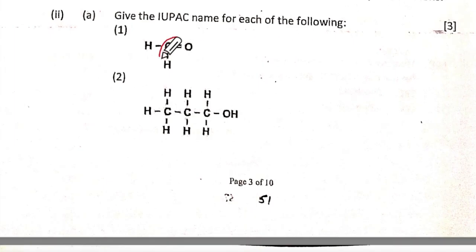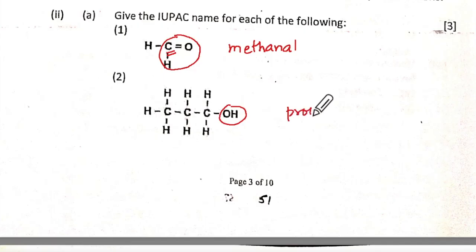IUPAC names. What is this? Aldehyde, correct? One carbon means meth, so it is methanal. They will sometimes ask you to state its functional group: aldehydic group. What is this? Alcohol. Propanol, 1, 2, 3. You all forgot the OH is on the first carbon.